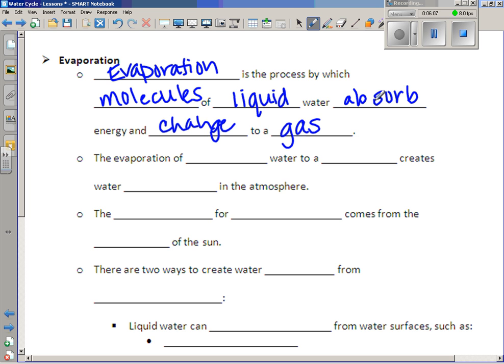The evaporation of liquid water to a gas creates something called water vapor in the atmosphere.